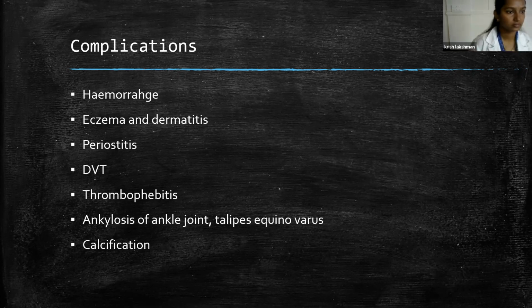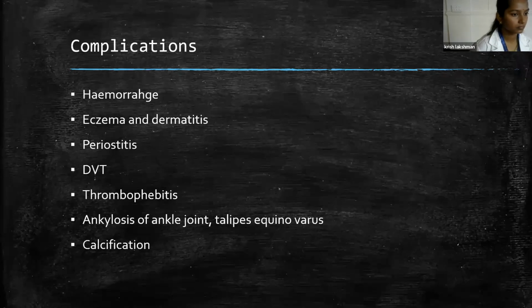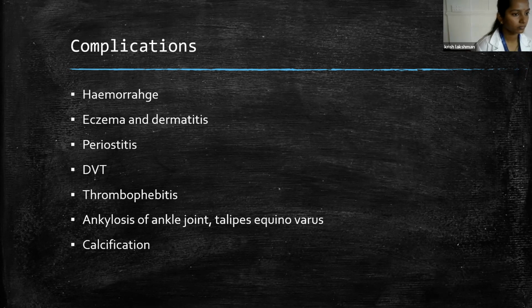Any questions? In between, I wanted to ask about the perforators. You mentioned the valves. Are those valves present in the perforators? I think there are no valves in the perforator, sir, but because of the pressure gradient, blood moves from superficial to deep.